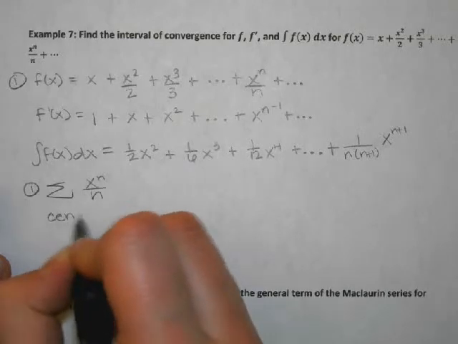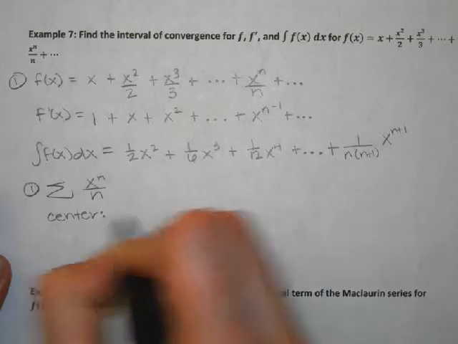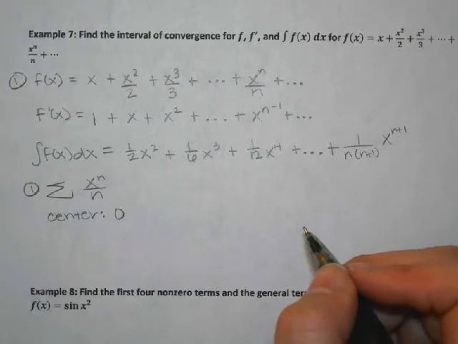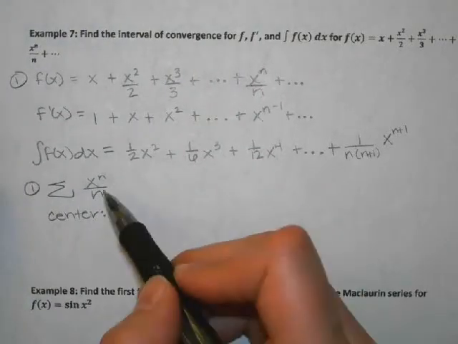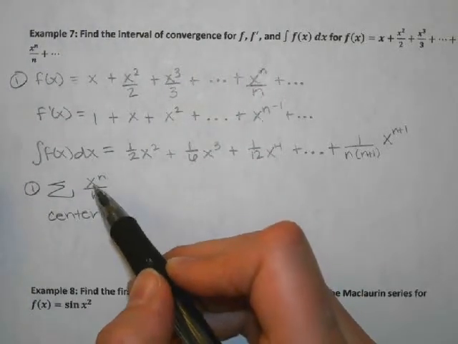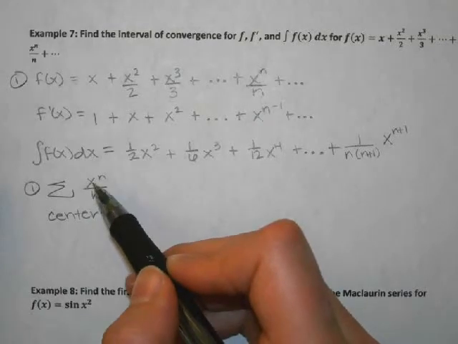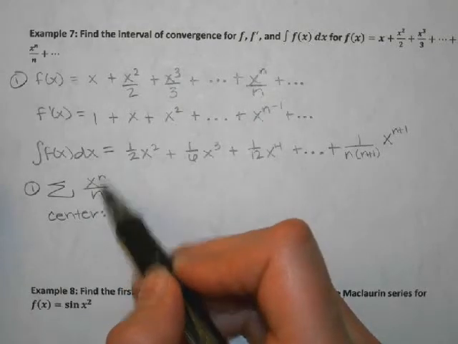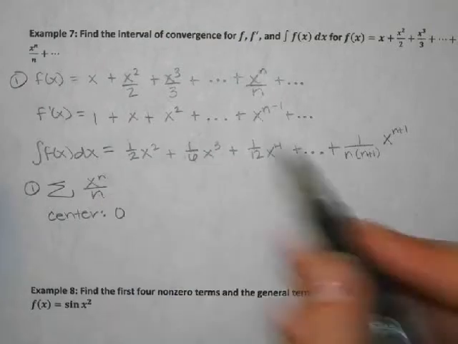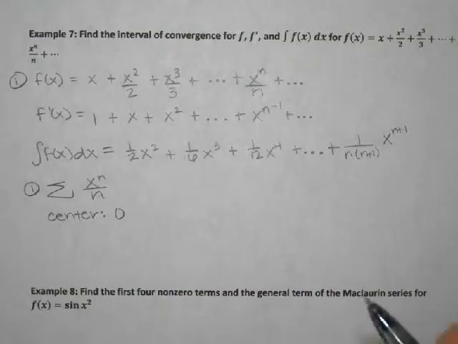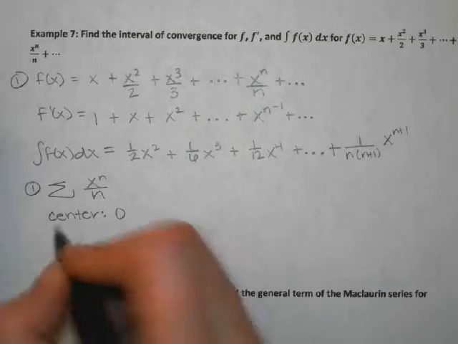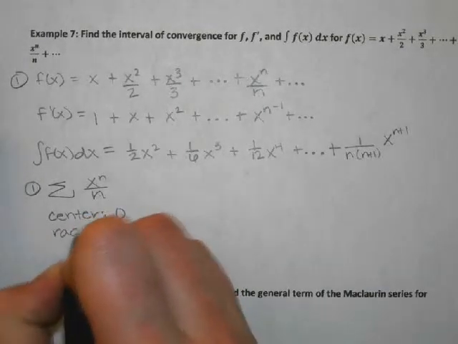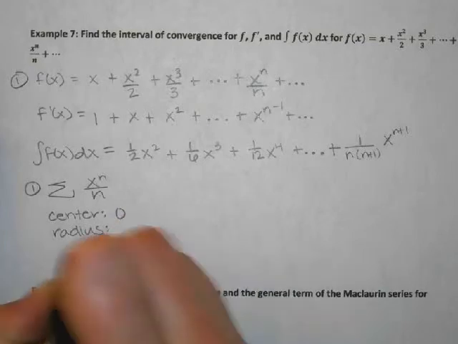Center is 0, and that's because it's just x. It's not x minus something else, all right? And so now we have to think about if we have x over n, we would think of this as being like a number to the nth power divided by n, all right? And so typically, what did I say the test is we have to use for most of these? Typically the ratio test. So I'm going to go ahead and leave space for the radius and for the interval.